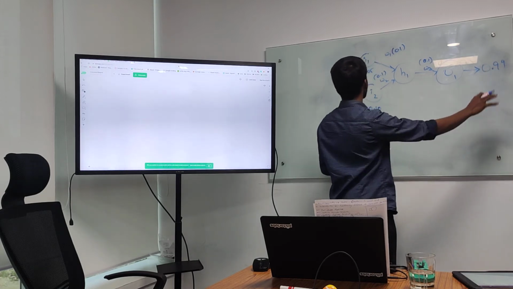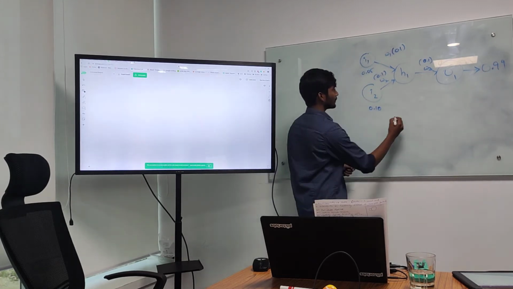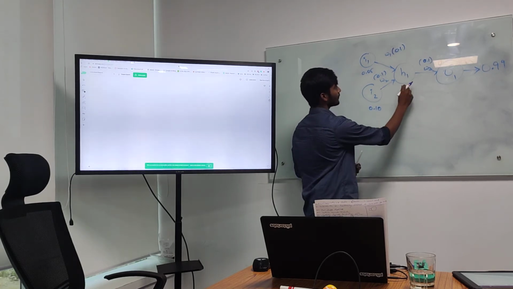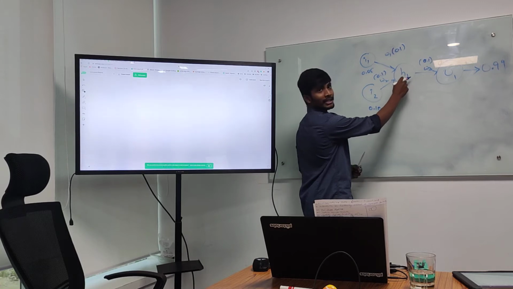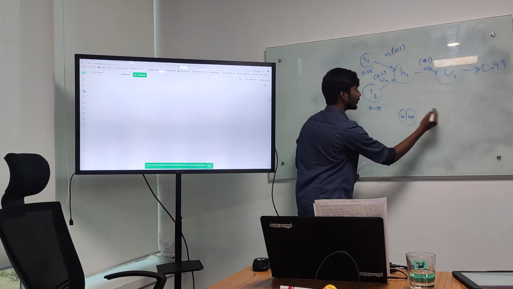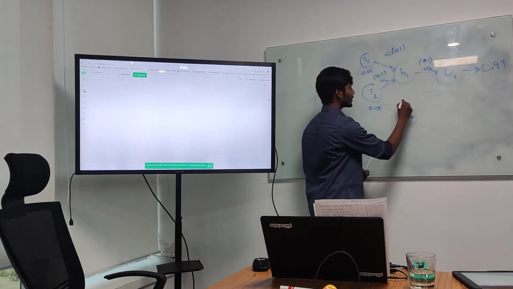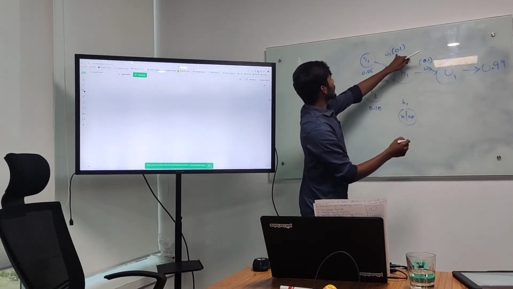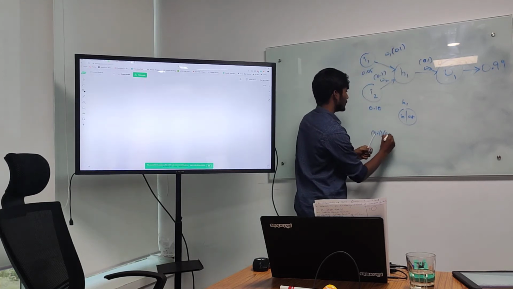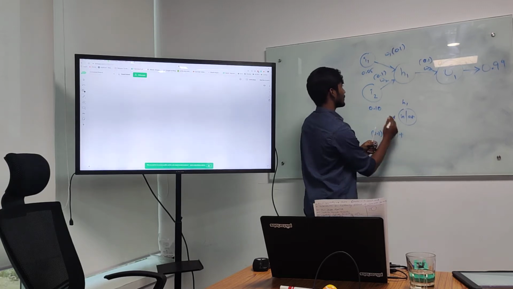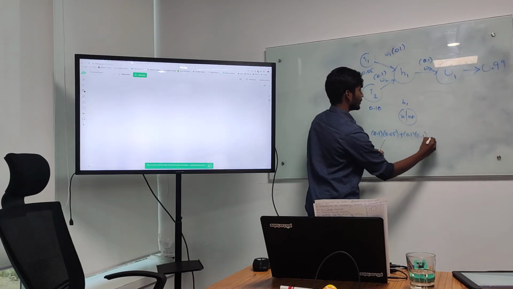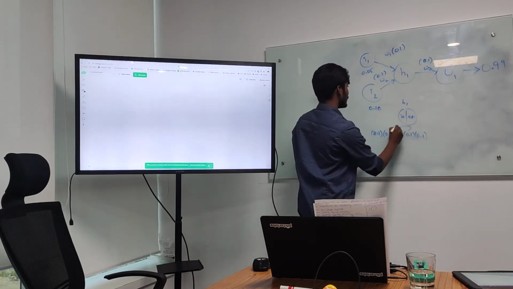So initially, when I give my example in, what would I get? H1 has an input coming in and an output going out of it. So what will be H1's input? Weight 1 into input 1, that is 0.1 into 0.05, plus weight 2 into 0.1 into 0.1, will be my input for H1.